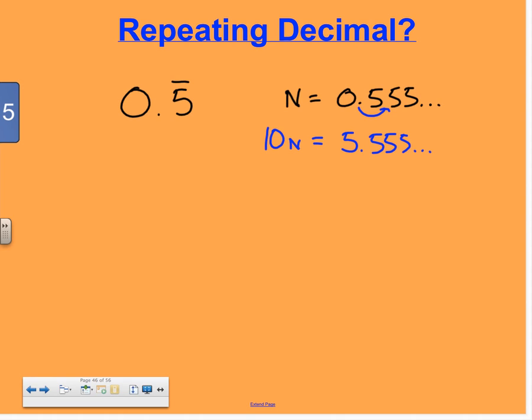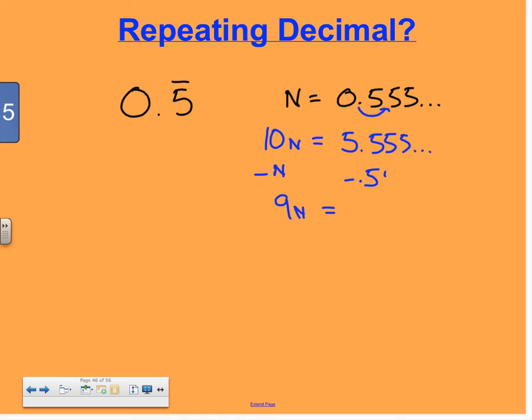Now, if I go ahead and subtract n from both sides, 10n minus 1n would leave me with what? 9n's. And I also know that n equals 0.555, or everything after the decimal point.